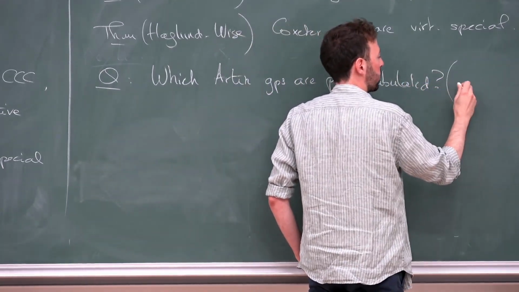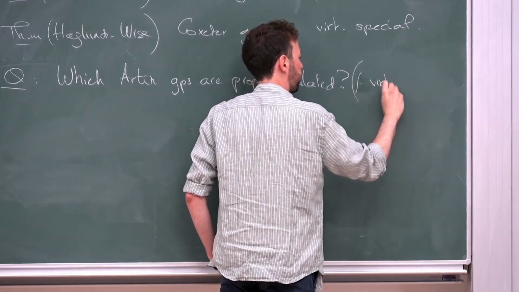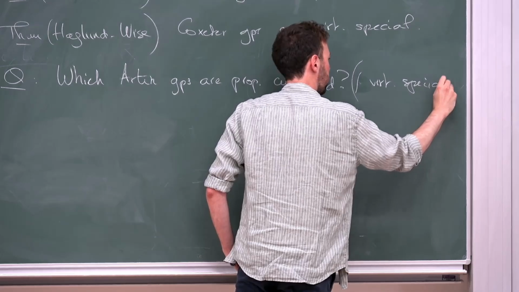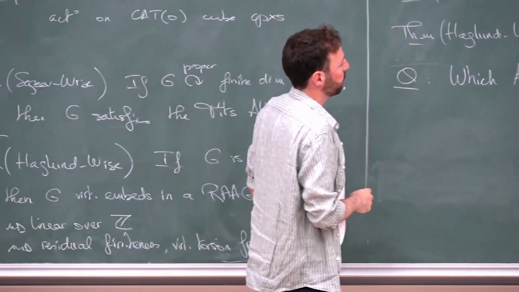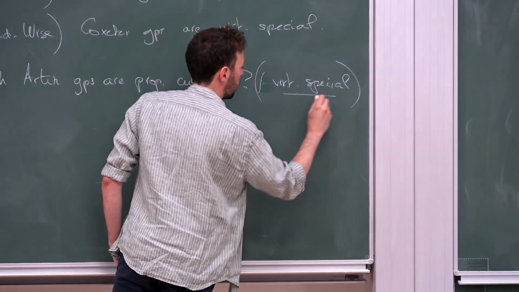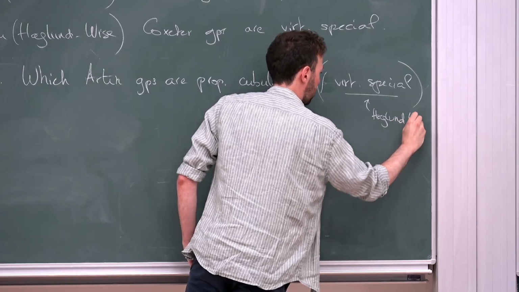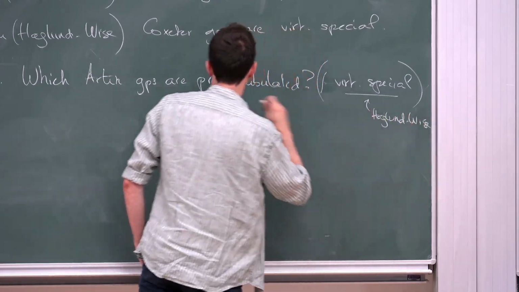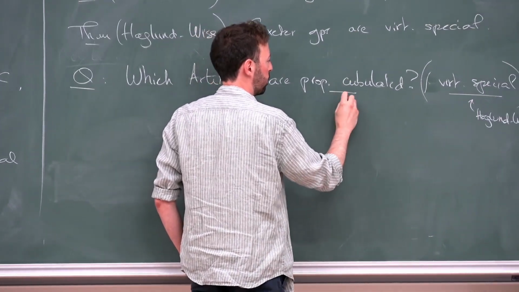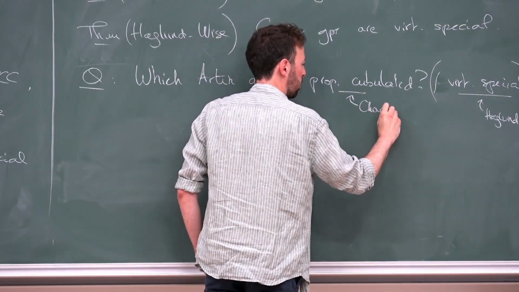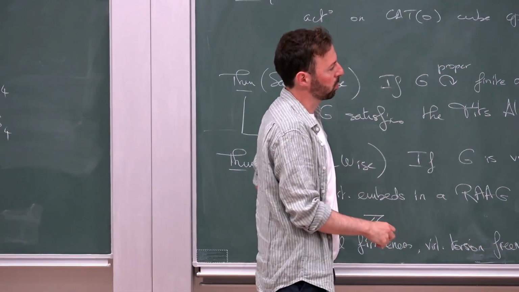And then you can even ask about virtual specialness, but I'm only going to focus on cubulation today. The virtual specialness was asked in that paper by Haglund and Wise. And I think the proper cubulation question appears in a list of problems by Charney, but I don't know if it was asked before; at least it appears in that list of problems about Artin groups.